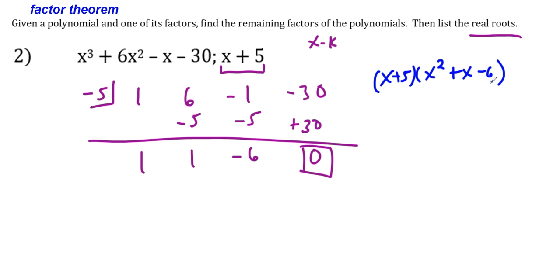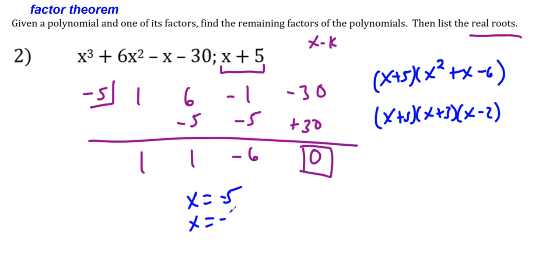Well, that's going to be 3 and 2, and 3 gets the bigger term. So I have x plus 5, x plus 3, and x minus 2. All right? So my zeros are x is equal to negative 5, x is equal to negative 3, and x is equal to a positive 2. Those are my zeros. And guess what we could do? We can plot these and sketch the graph and so on.